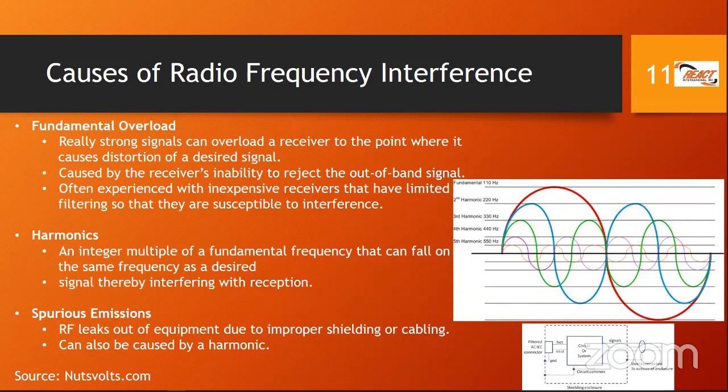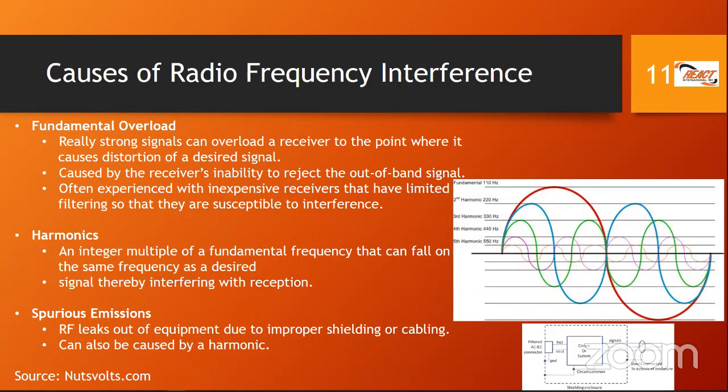Look at your specifications. One may have more filtering than the other that prevents you from receiving as much harmful interference. So bear that in mind. Fundamental overload is one of the causes of radio frequency interference.